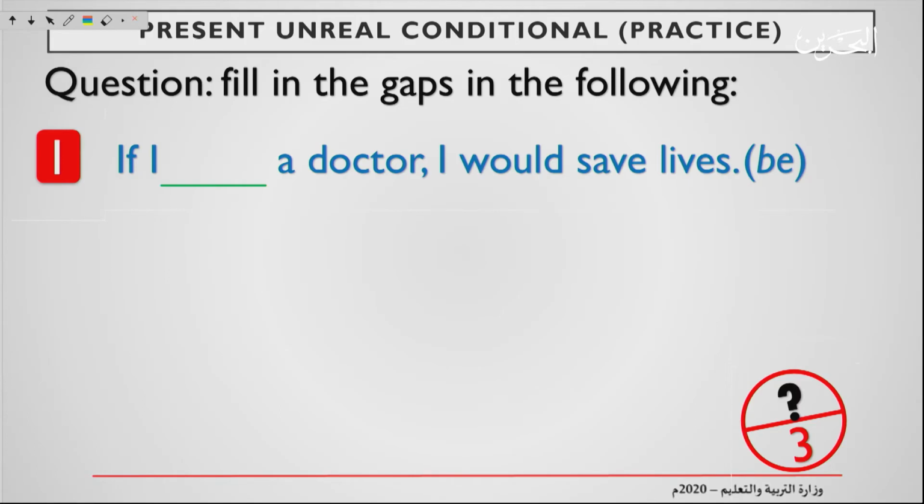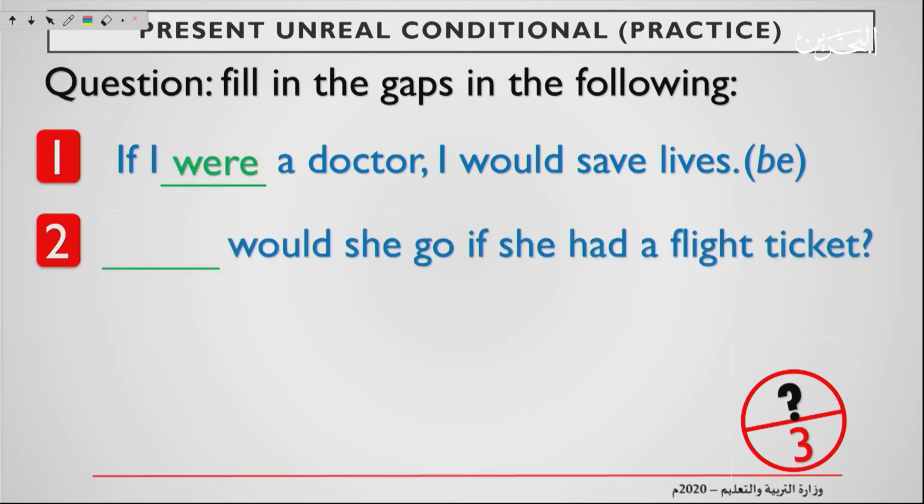Easy one. Let's check it. If I were. With be, you have to use were. All right. 2. Would she go if she had a flight ticket? What is in the beginning? 5 seconds.